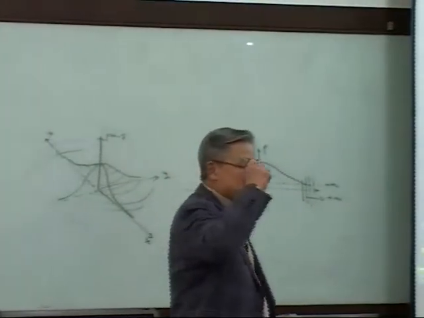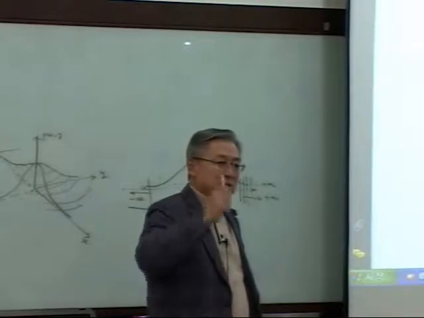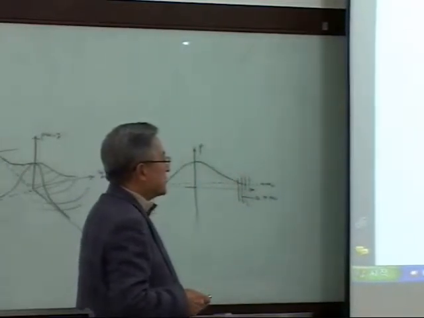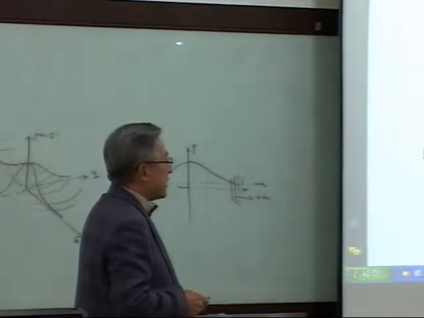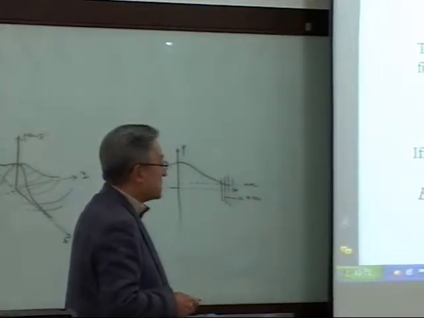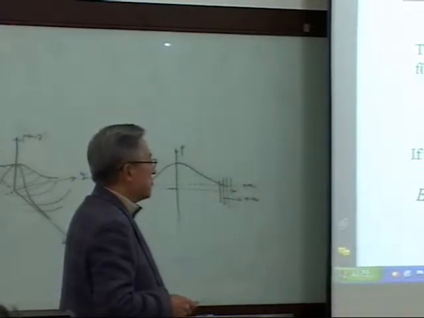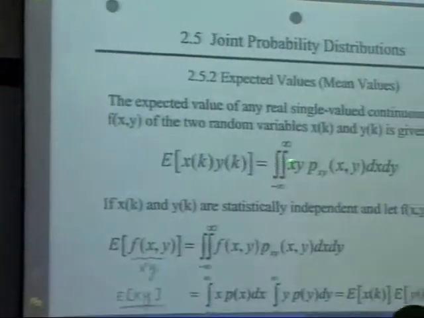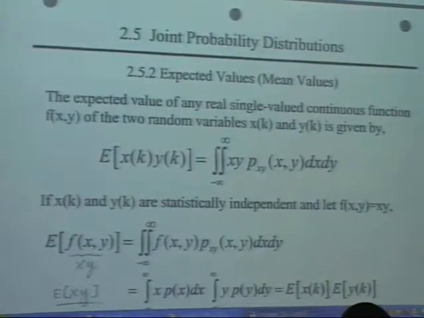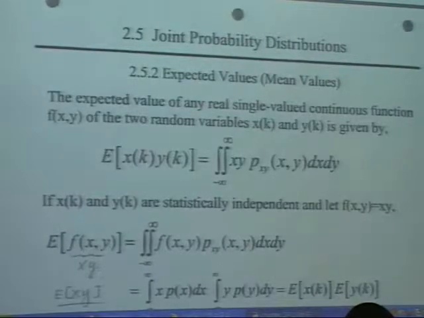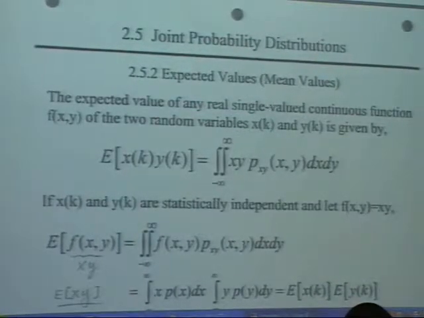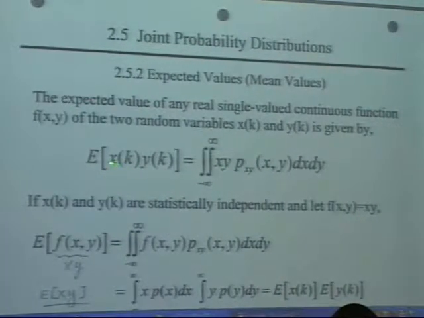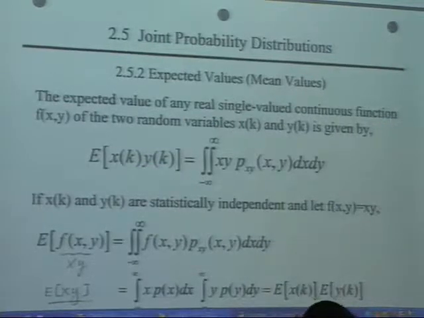Okay, keep visualizing the single random variable situation. So let's say the expected value of x multiplied by y, by definition, is equal to the joint probability density function, small p of x,y, multiplied by, in this case, simply x multiplied by y.